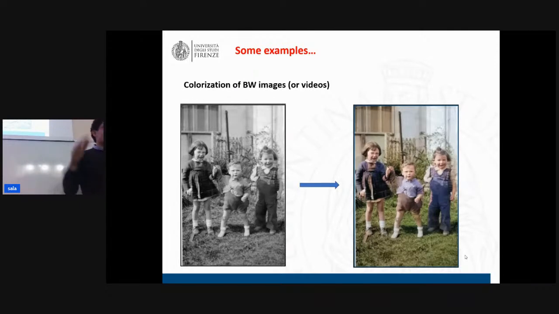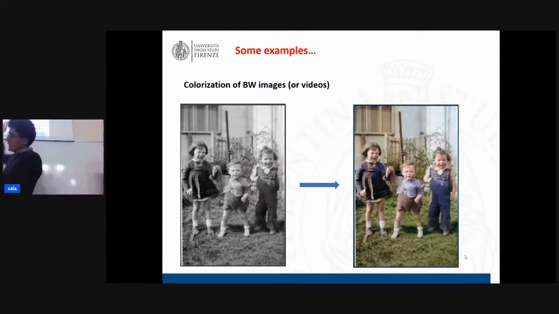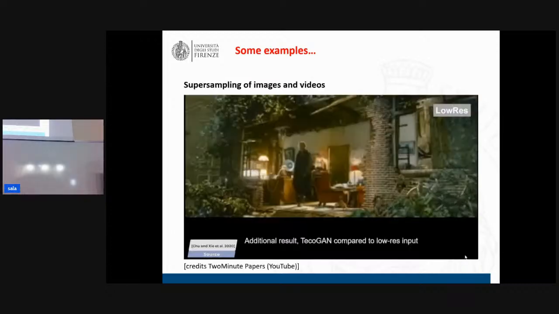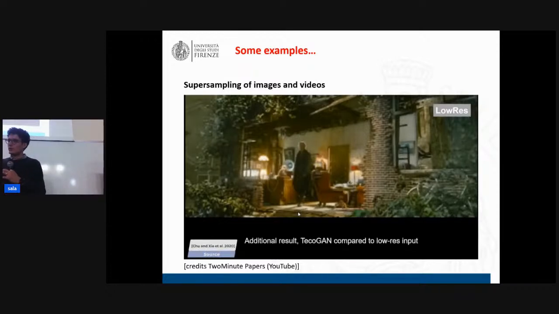The network is making up colors which are realistic given the context and the grayscales that it sees, but you can see it's pretty convincing. It does a good job. This can be done also on videos, of course, because they're just a collection of images, so it's not really a surprise.